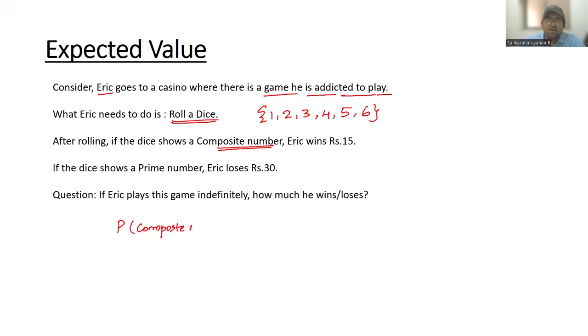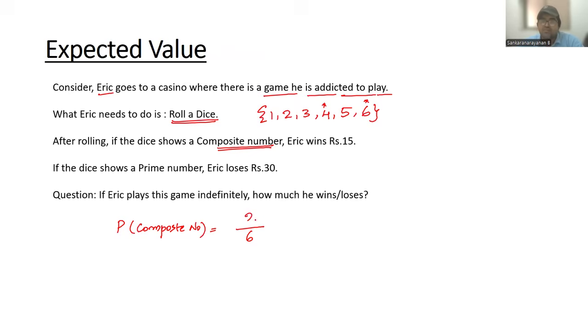I can say the total number of outcomes is equal to 6. If he ends up seeing the number 4, or if he ends up seeing the number 6, then understand the event that he sees a composite number, the condition, is satisfied.